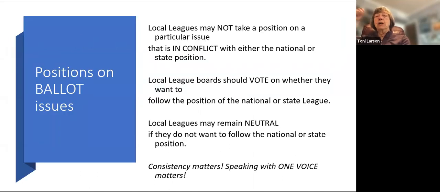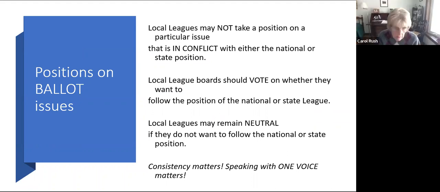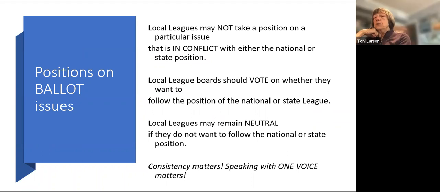So the positions on ballot issues, local leagues may not take a position on a particular issue that is in conflict with either the national or state position. Local league boards should vote on whether they want to follow the position of the national or state league. Local leagues may remain neutral if they do not want to follow the national or state position.